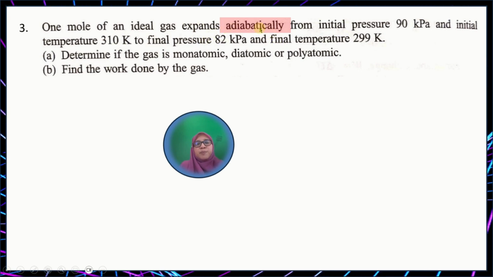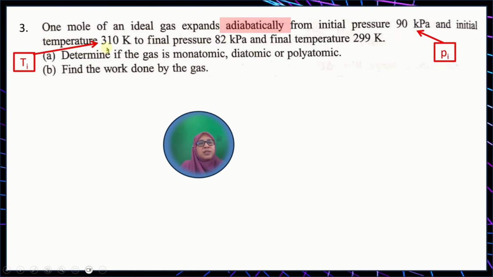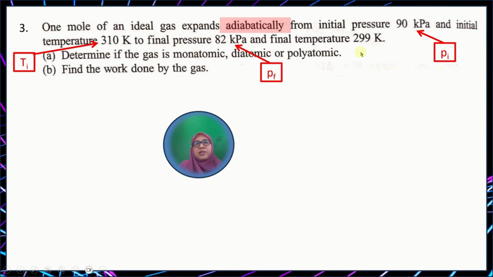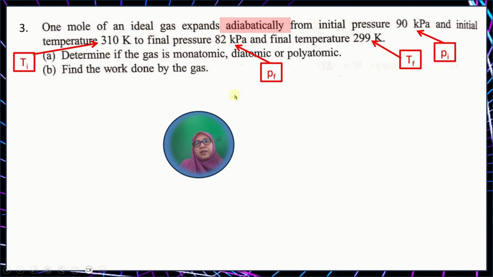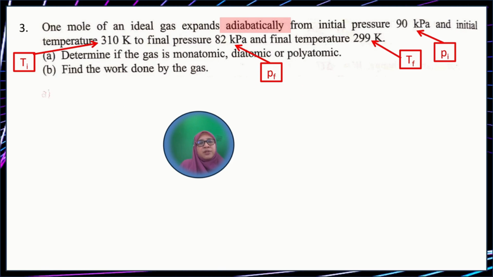It expands, so that means the work done will be positive. Initial pressure 90 kilopascal, initial temperature 310 Kelvin, with the final pressure and final temperature also given. To determine if the gas is monoatomic, diatomic, or polyatomic, we need to find gamma, the ratio of CPM to CVM.